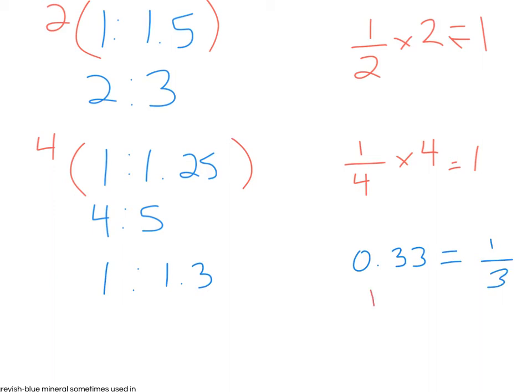So to get rid of a 0.33, I'm going to multiply by 3 because 3/3 gives me 1 whole. So 3 times 1 will give me 3, and 3 times 1.33 will give me 4. So now I would have a nice whole number ratio with which to construct my empirical formula.